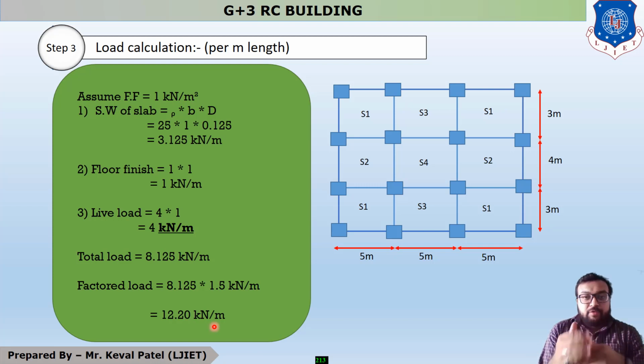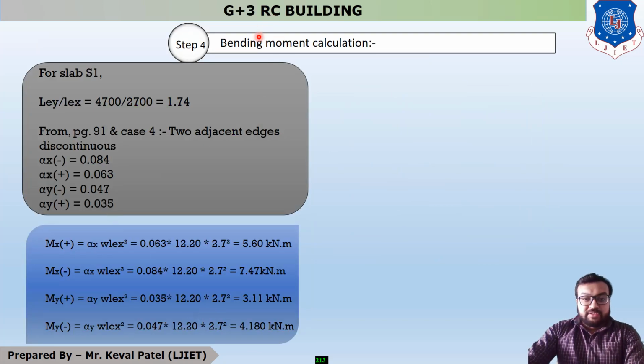Now we are moving further to our step number 4, which is moment calculation. So students, in the two-way slab, whenever we have to find bending moment, first of all we have to find the bending moment coefficient.